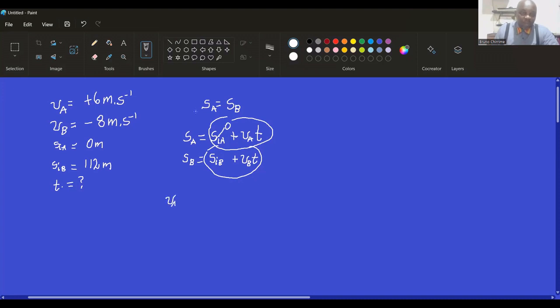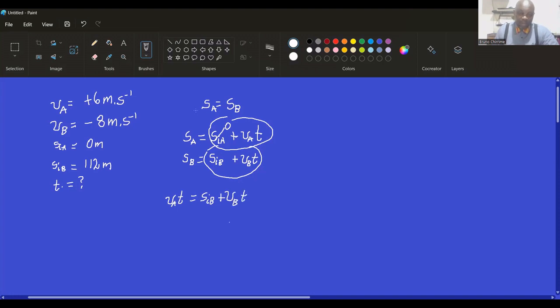So looking at this, we can continue to rearrange it. We can put the product of velocity and time on the same side. Here it's adding, so we send it over by subtracting it.